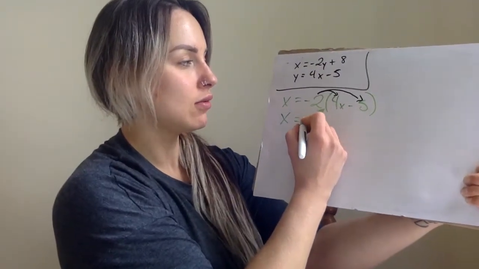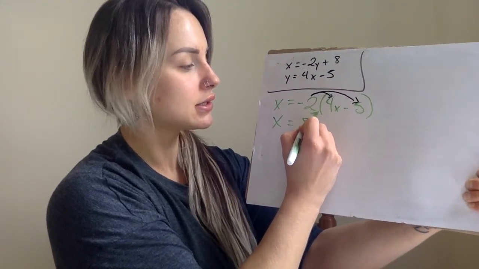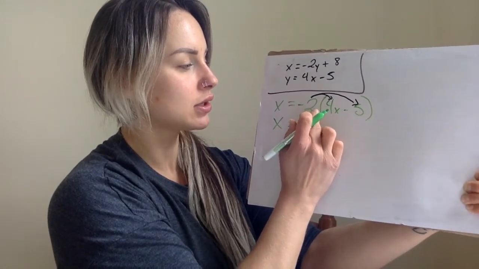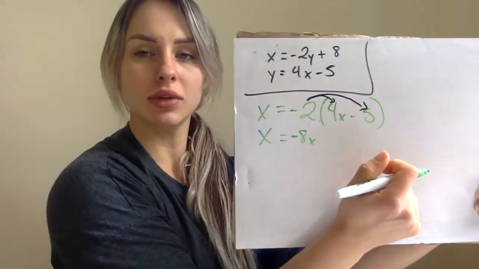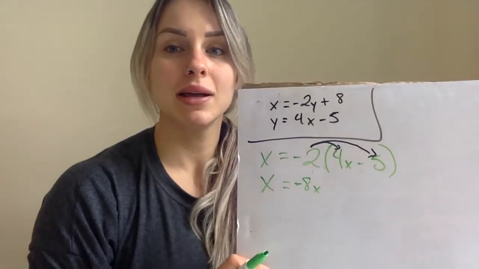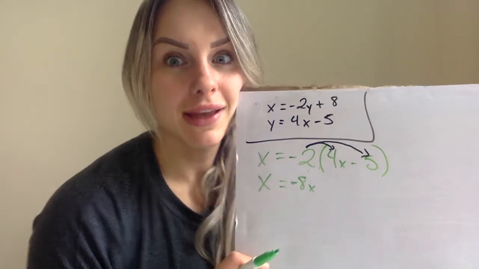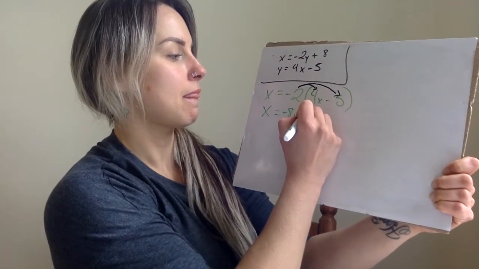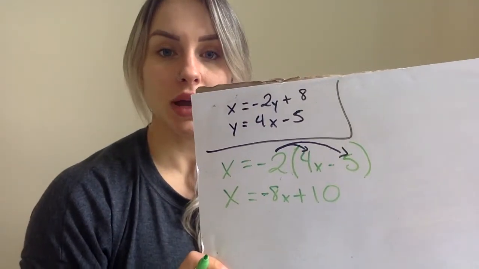So we get x equals 2 times 4 is 8, so 8x. Sorry, it's -8x. And -2 times -5 is +10. Okay?